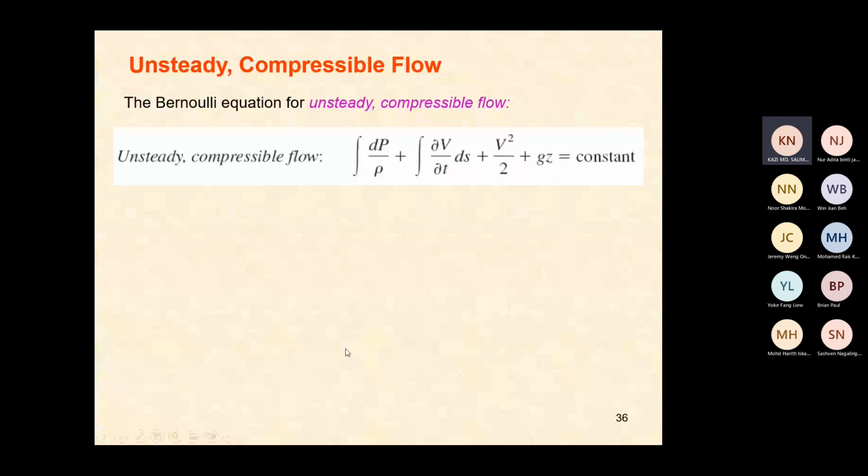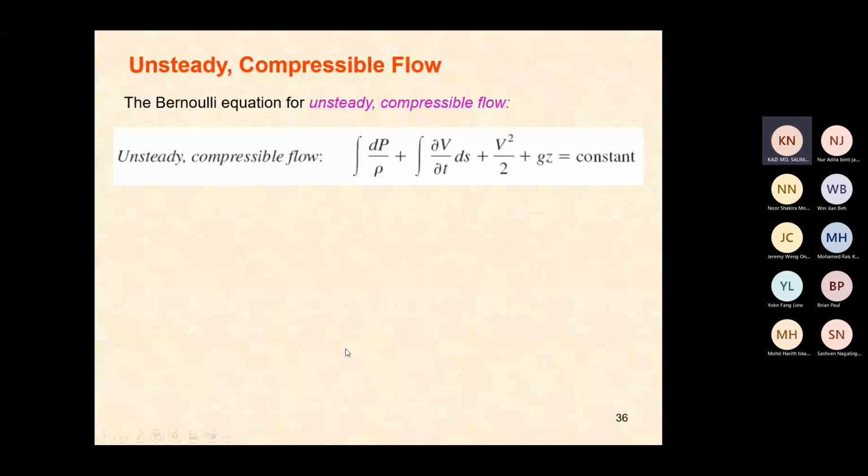And now, the kinetic energy part of the pressure is the dynamic pressure, which is equal to rho V squared by 2. It represents the pressure rise when the fluid in motion is brought suddenly to a stop. That is the stagnation pressure.